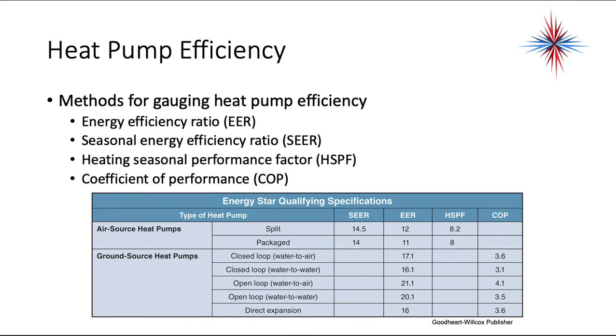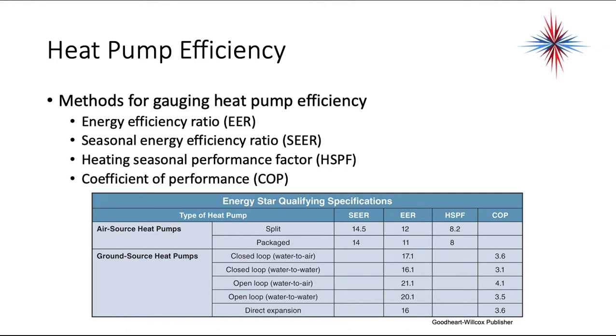Heat pump efficiencies use a variety of methods for gauging the efficiencies. They can use energy efficiency ratio, which is EER, seasonal energy efficiency ratio, which is SEER, heating seasonal performance factor, which is HSPF, and they can use coefficient of performance.